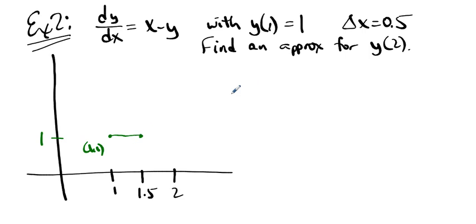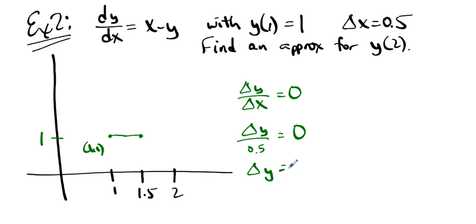So the change in y over the change in x is the slope of the line. We know what the change in x is because we can read. And so there is no change in y. And so this point has coordinates 1.5, 1. There is no change in y. So whatever this y was, this y is.